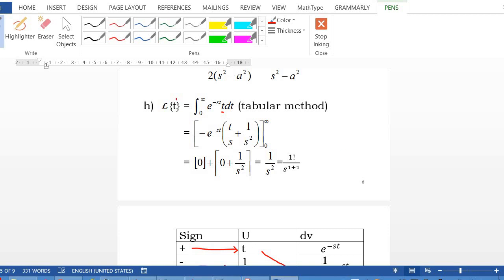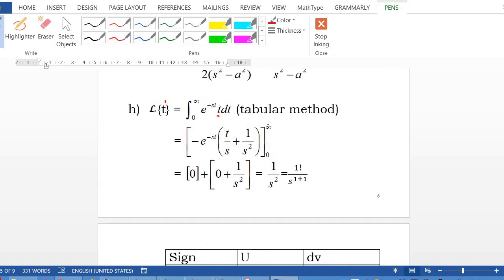And then you evaluate this one. Substitute t by infinity, exponent negative s infinity is 0, so the whole term becomes 0. Okay, substitute the lower limit, t equal to 0. You have 0 minus, when you substitute t equal to 0 here, exponent 0 is 1, so negative 1.